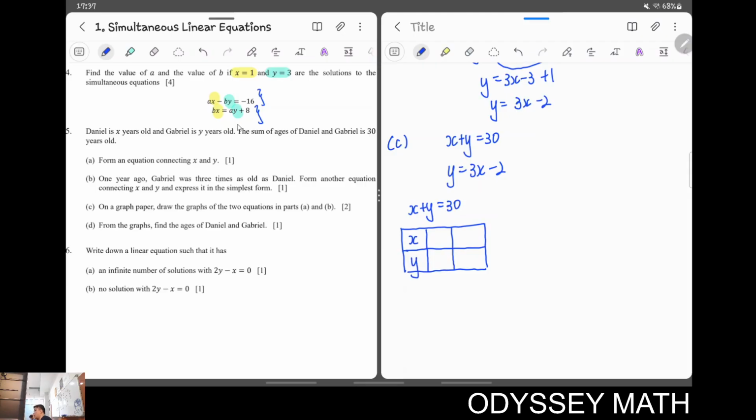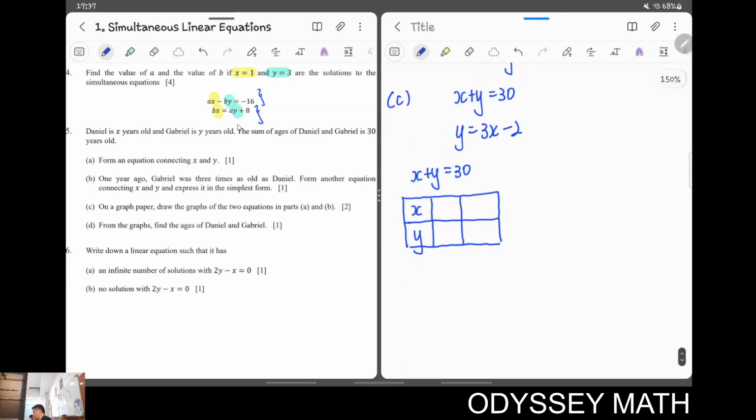So we have a table with x, y for x plus y equals 30. And then we have another table for y equals 3x minus 2. So this is x, y as well. Wait for you all to draw finish.